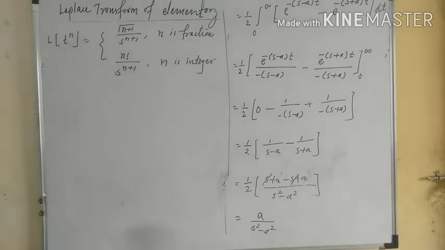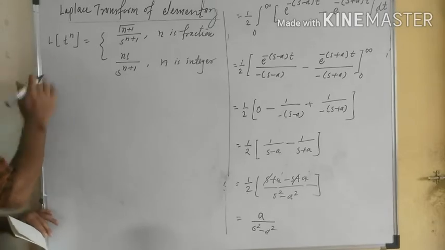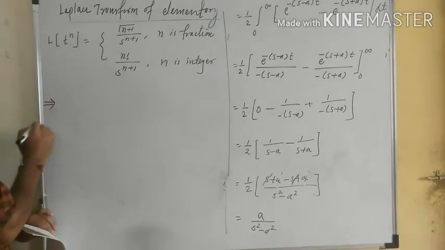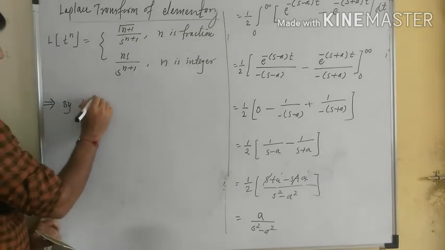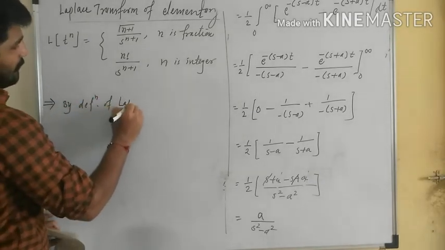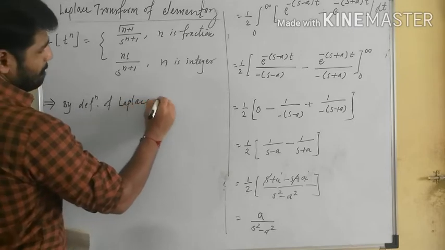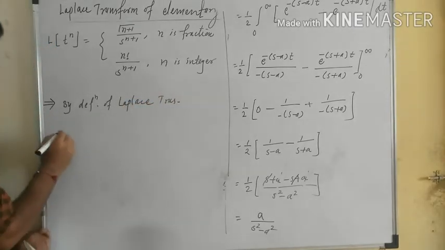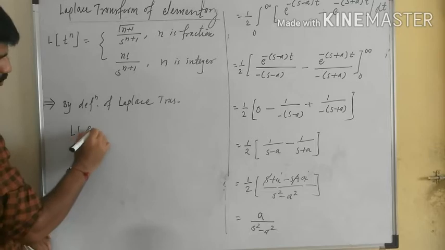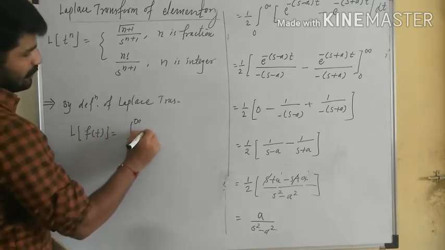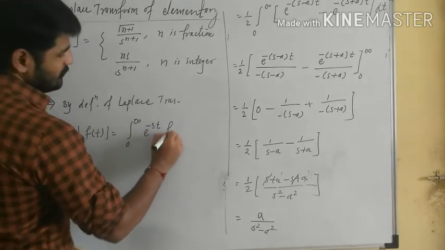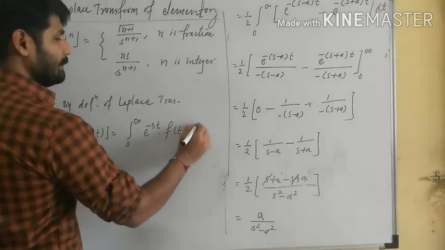Now see here how to find these two Laplace transforms for one function. So by definition of Laplace transform, we know Laplace of f of t is equal to integral from 0 to infinity e raised to minus st into f of t dt.